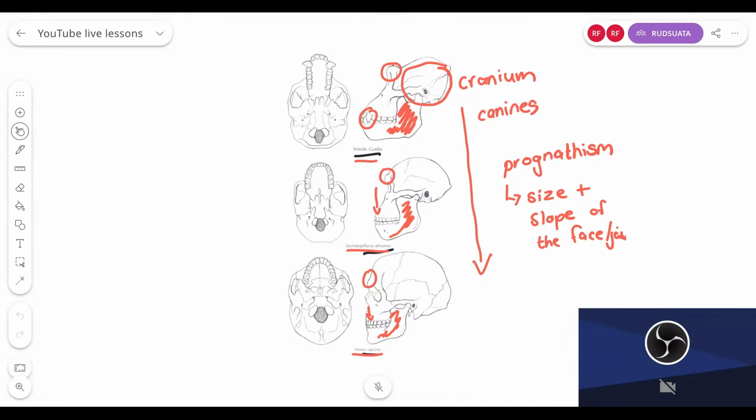Another thing you might notice is the slope of the face. Gorillas have very sloped faces. Australopithecines have less sloped, and humans have a flat face. I would like you to know, NB, star this one in your notes, the prognathism. It's really important because it links to many different things, and it also links to a question we're going to practice later.